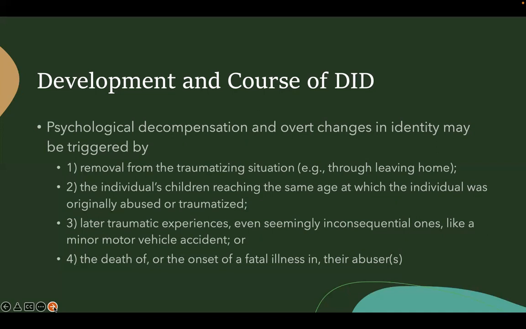It can also be triggered by later traumatic experiences, even seemingly inconsequential ones like a minor motor vehicle accident. So again, if somebody had a formative, very big, acute, violent, easily identifiable traumatic event, anything subsequent that may seem minor in comparison can still affect and trigger decompensation and any sort of overt changes.